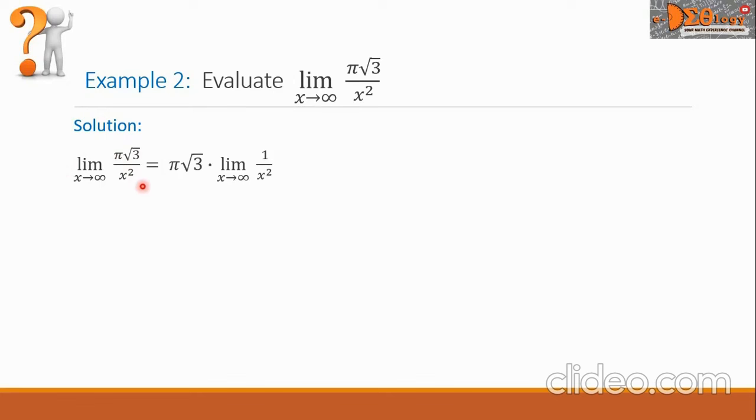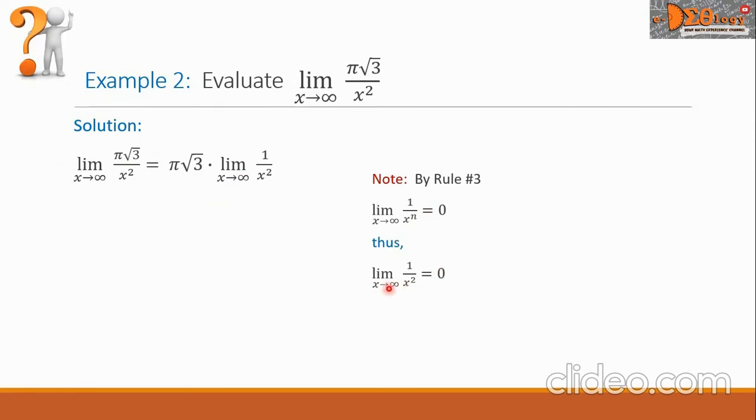x squared. As you see here, we write pi square root of 3 multiplied by the limit of 1 over x squared as x approaches infinity. We note by rule number 3 that the limit of 1 over x raised to n as x approaches infinity equals 0.